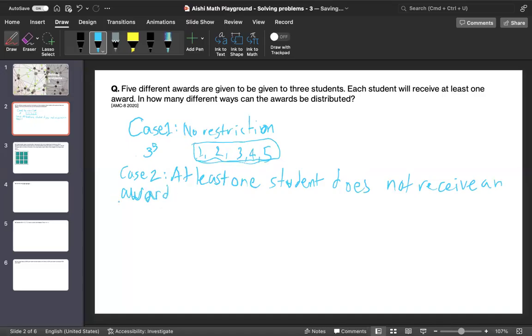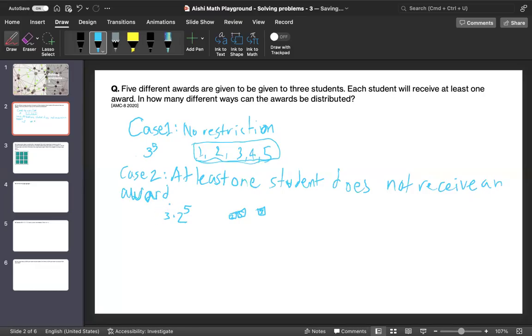Okay. So this would be 3 times 2 to the power 5, because every award can be given to someone or not, which makes it 2 choices for every one of the 5 awards. And there are 3 students you can choose to go to or not go to. So we have 3 times 2 to the power 5.